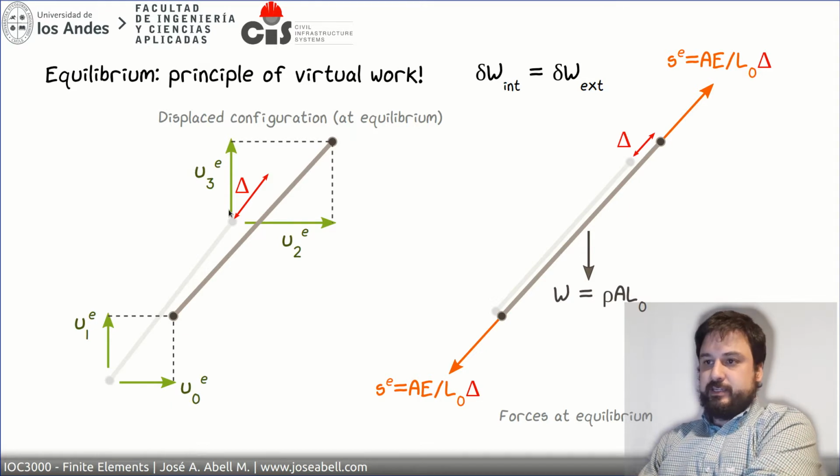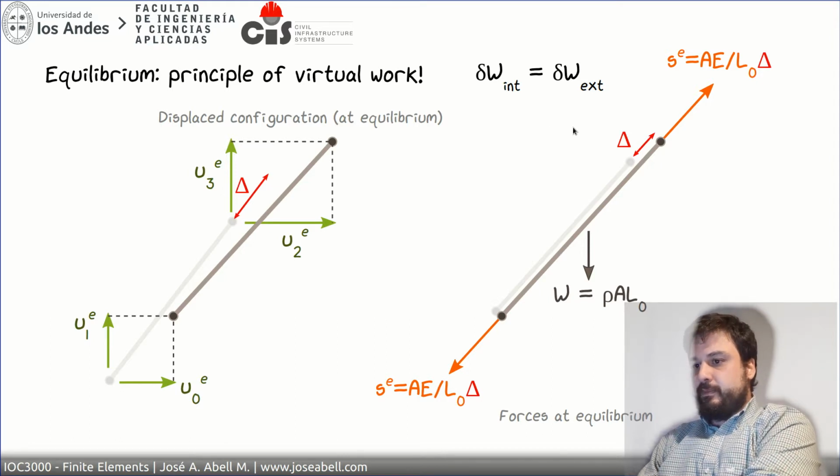And that states that at equilibrium, if the system undergoes any change in configuration, a virtual change, then the virtual work of internal forces is going to be equal to the virtual work of external forces. And this is another way of stating that the system is in equilibrium, and it's a very powerful way to do so.